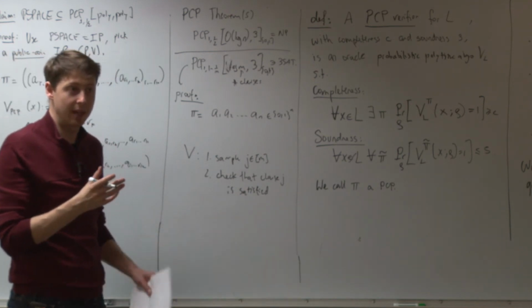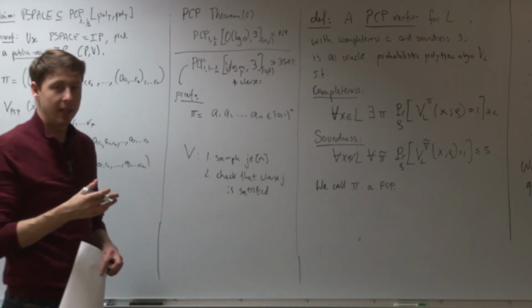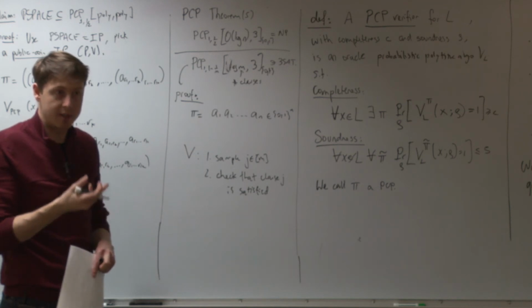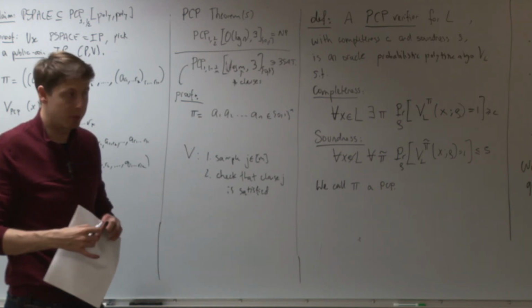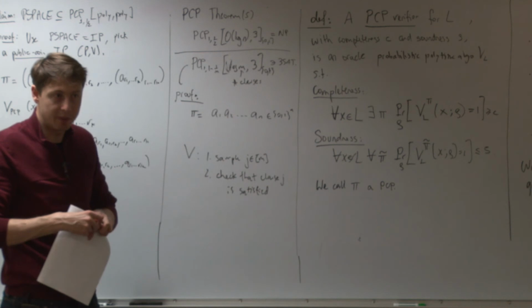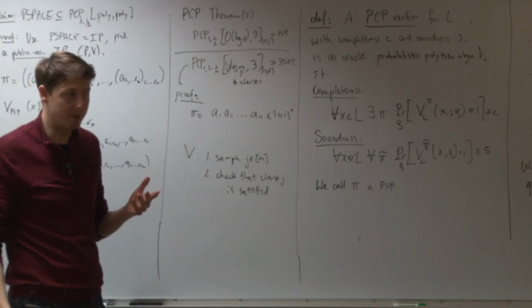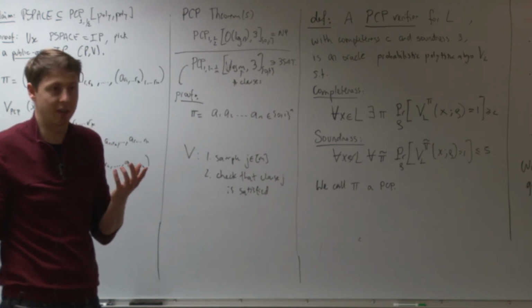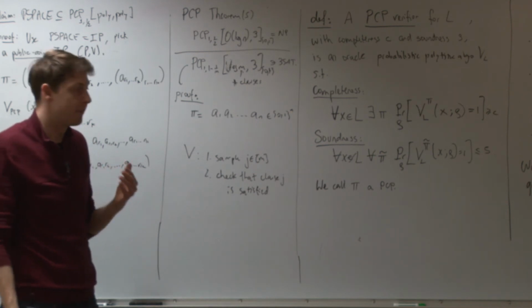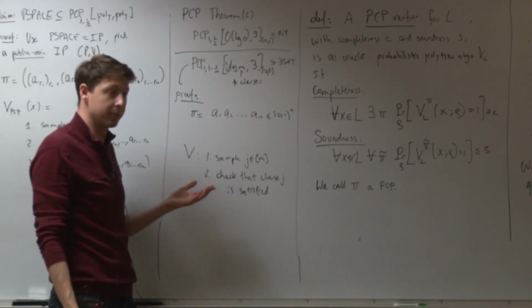Now, in the completeness case, it will always be right. When a formula is unsatisfiable, regardless of what proof you put as a candidate satisfying assignment, there will be one clause that is not satisfied. That's what being unsatisfiable means. And with probability 1 over m, I will hit it.